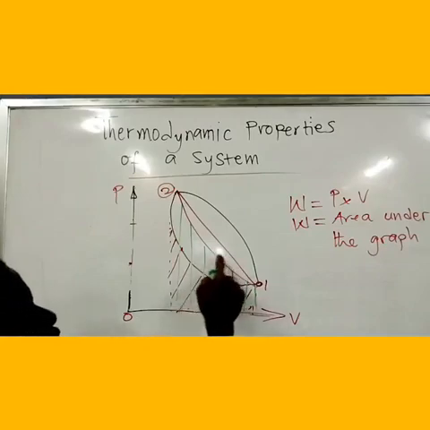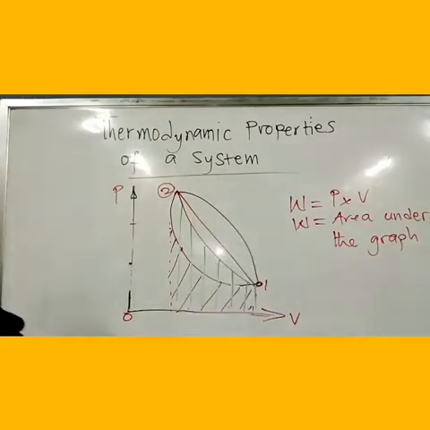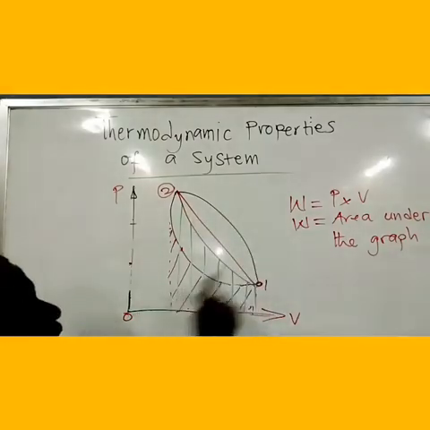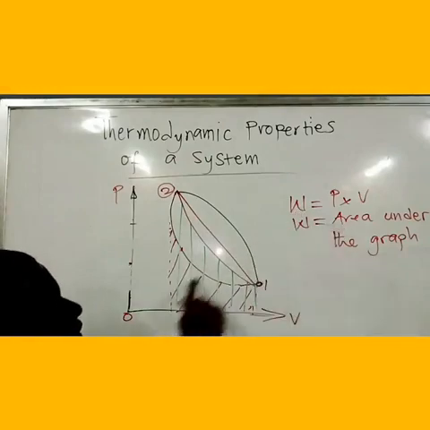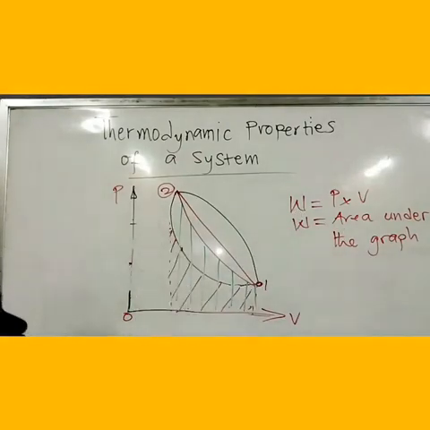So if you go beyond the second graph, it means that the higher we go, the more the area, which means that the work done or the area under the graph depends on the type of graph we draw.